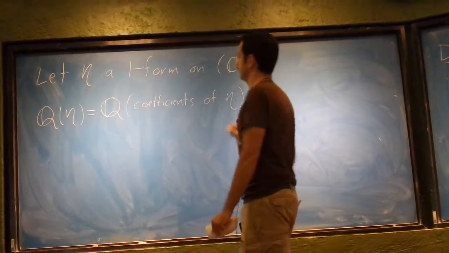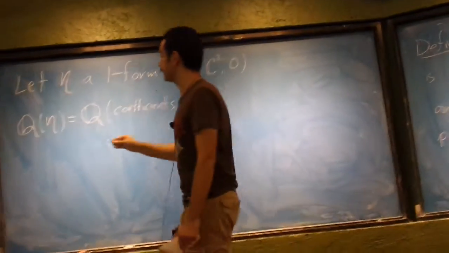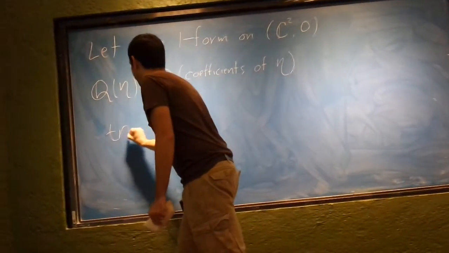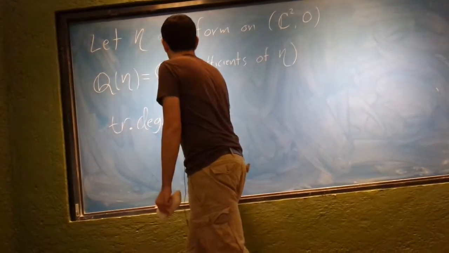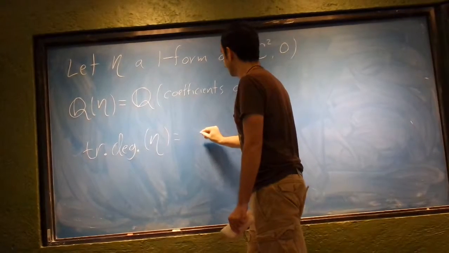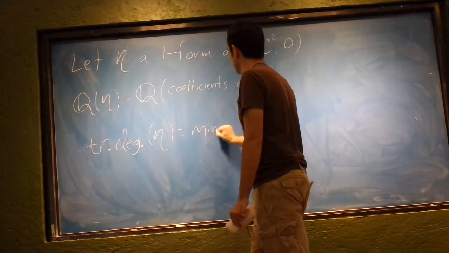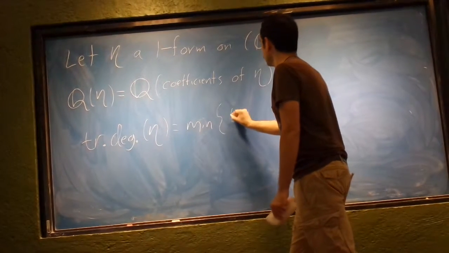Okay? And then I'm going to define the transcendence degree of the one form eta to be the following. I'm going to take the minimum over all transcendence degrees.